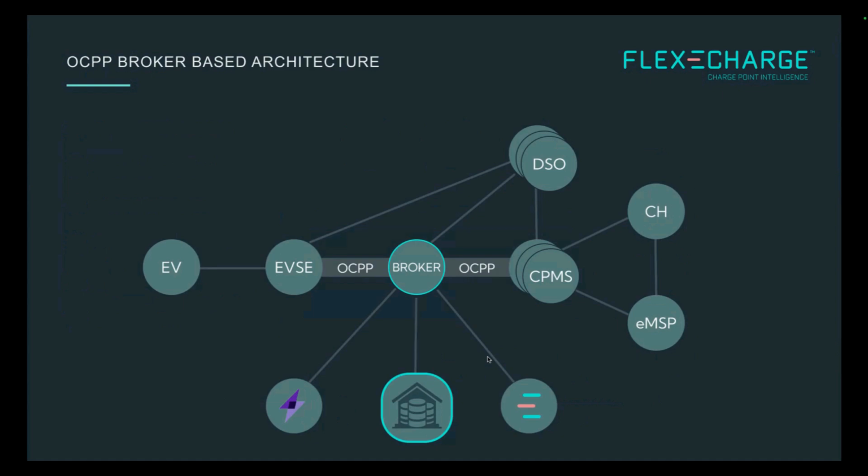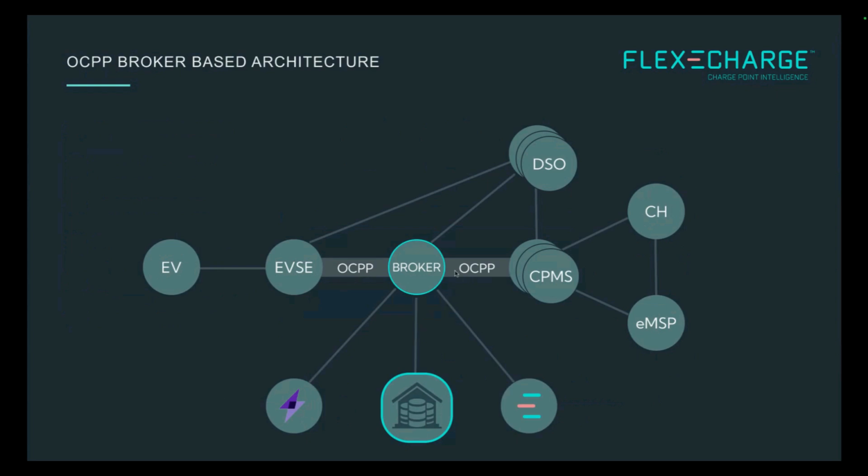So at Flexecharge, sorry, I missed that slide. From the classical architecture, as I explained before, we have the EVSE, which is the charging station. Now I think the more modern architectures, and we actually see that for enterprise, big international CPOs, are preferred for the reasons I mentioned before.